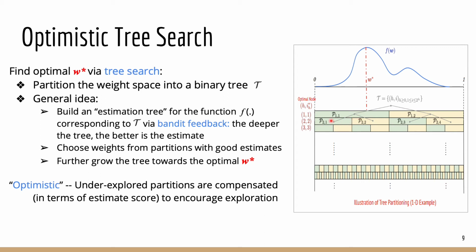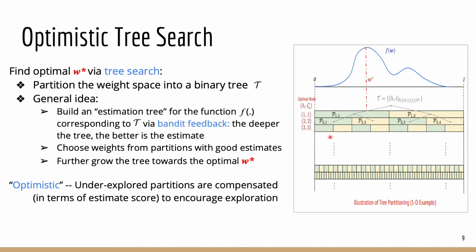This means for each node of the tree, we'd like to give an estimation regarding the function f using its corresponding feedback samples. Therefore, the deeper the tree, the better the estimation, as long as we have enough samples. Based on this estimation tree, we can choose weights from partitions with good estimates.